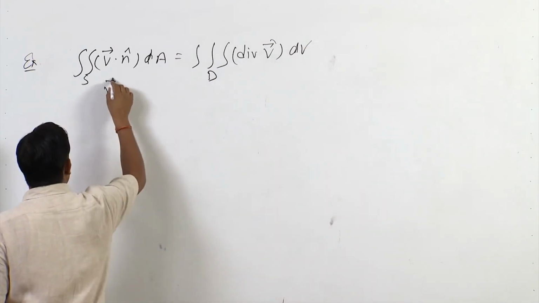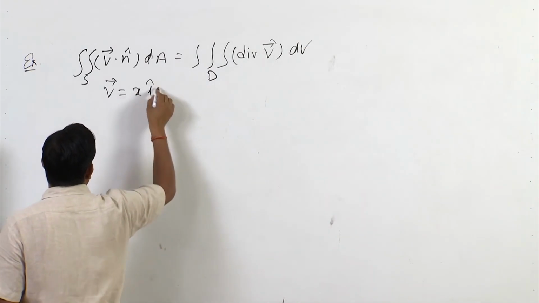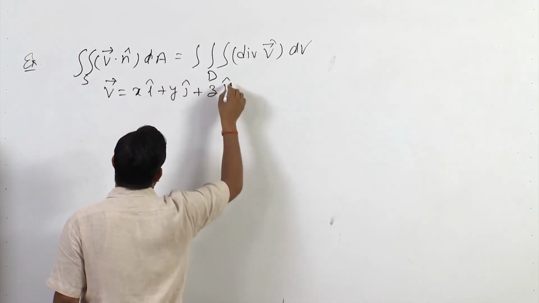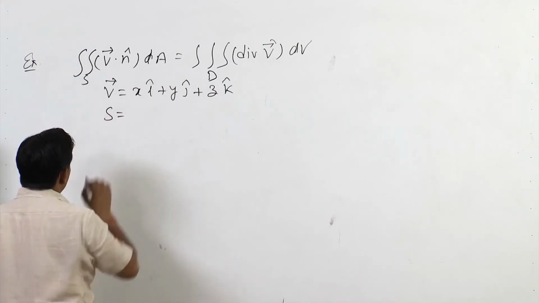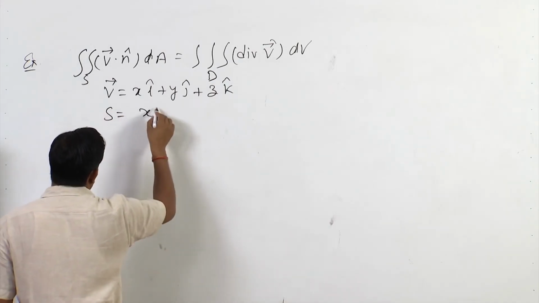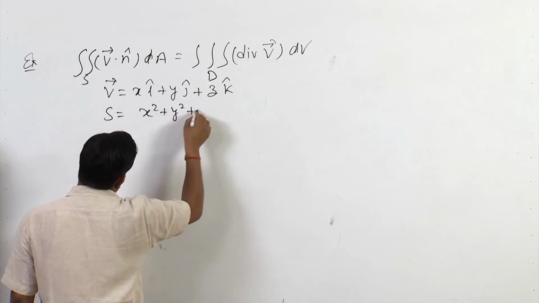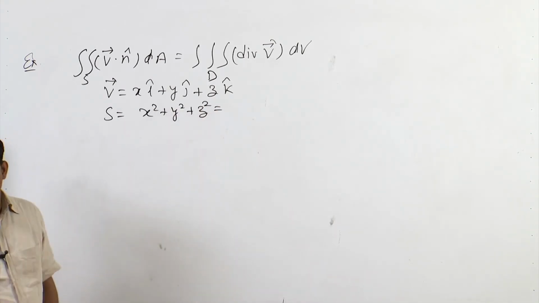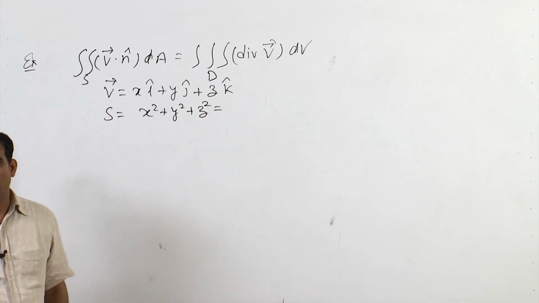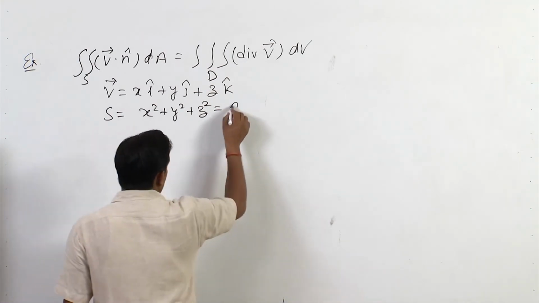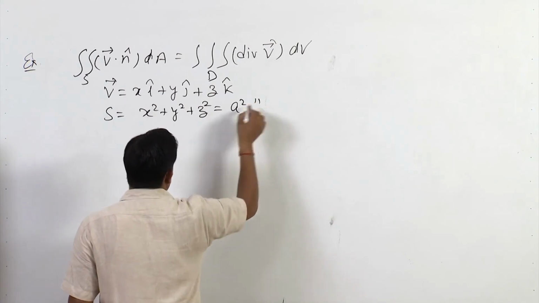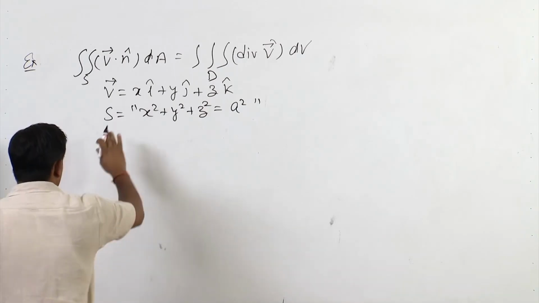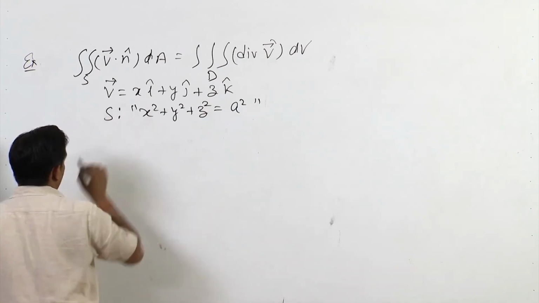Here V is given as xi plus yj plus zk, and surface S is the boundary of the sphere x square plus y square plus z square equals a square, radius a centered at the origin. So, S is represented by this surface.